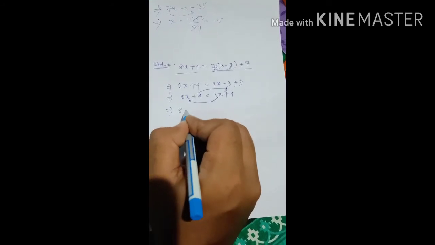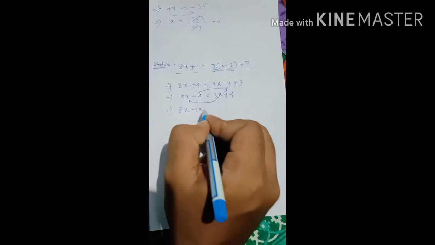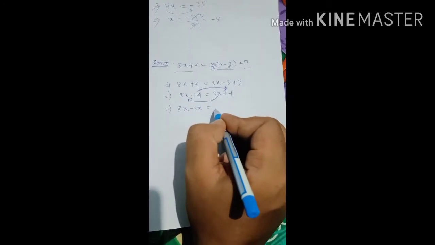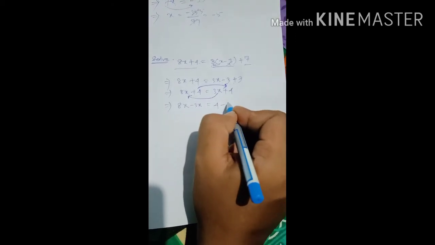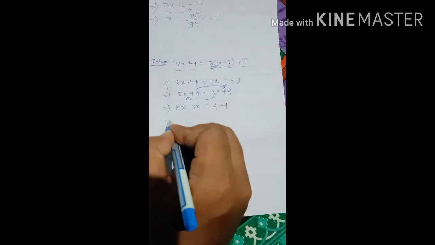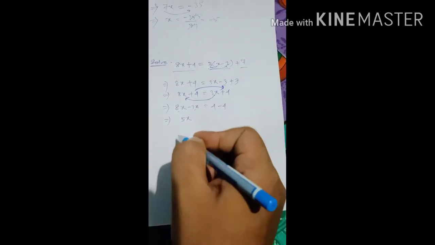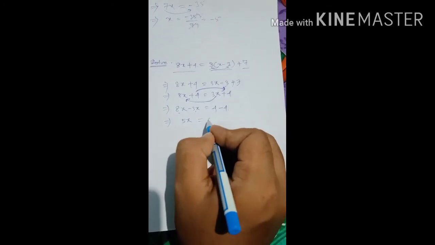So 8x, if we transpose plus 3x to the left hand side, it will be minus 3x, and if we transpose plus 4 to the right hand side, it will be minus 4. Then 4 minus 4. Then 8x minus 3x, it will be 5x, and again 4 minus 4, it will be 0.